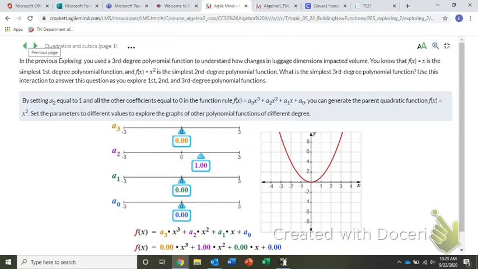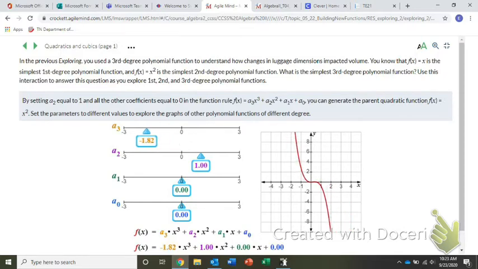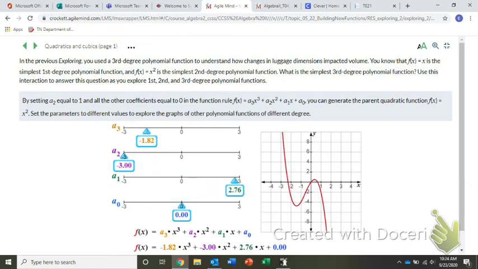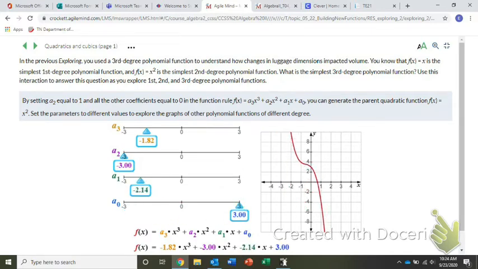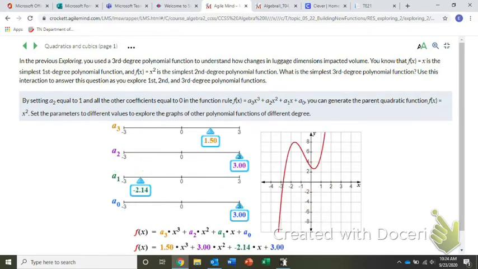And look, if I move just to the left, it goes negative. And it starts decreasing. But if I take this, it starts to add another curve. So there is no single simplicity of a cubic function. Okay? It can do all kinds of different things depending on the values in front of each term.